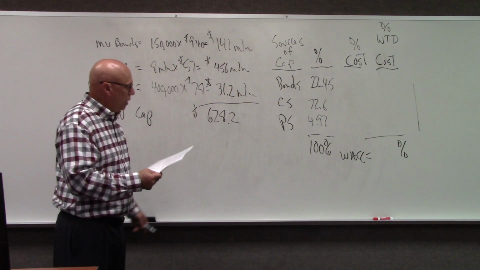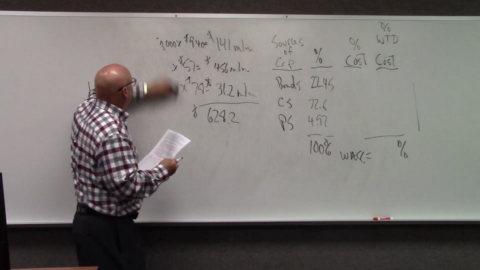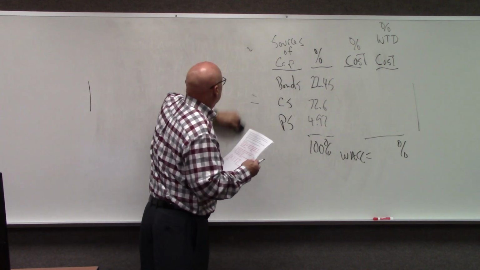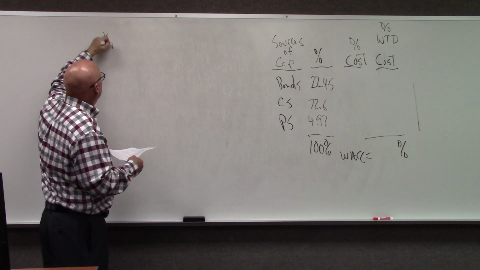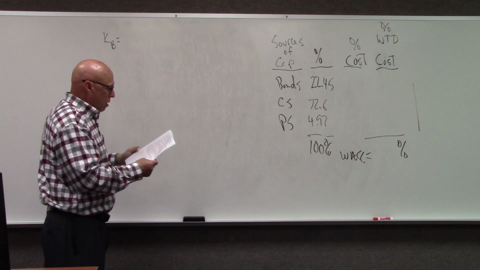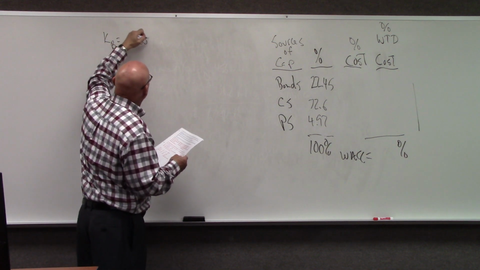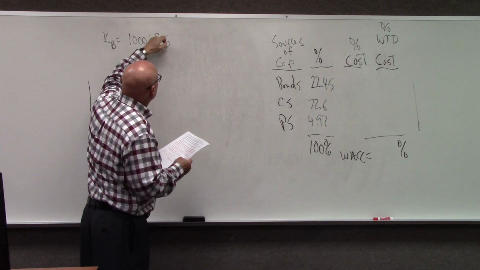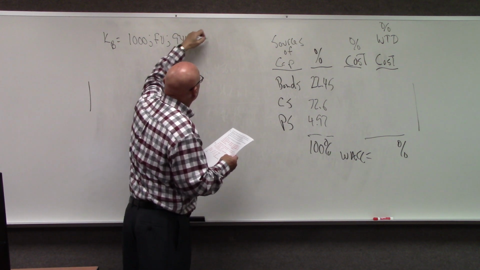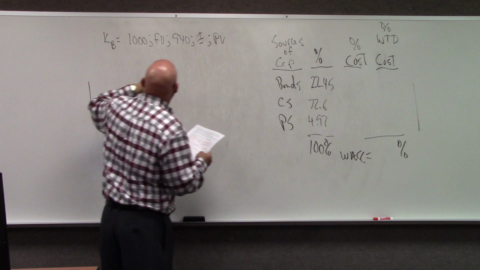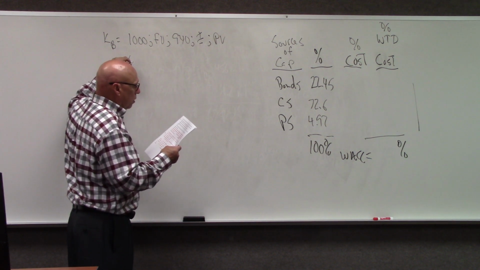Now we have to find the cost of each. So cost of our bonds, KB. All right, what do we have here? We've got 1,000 as our future value, and 940 plus minus is our present value, and we've got 6.5.